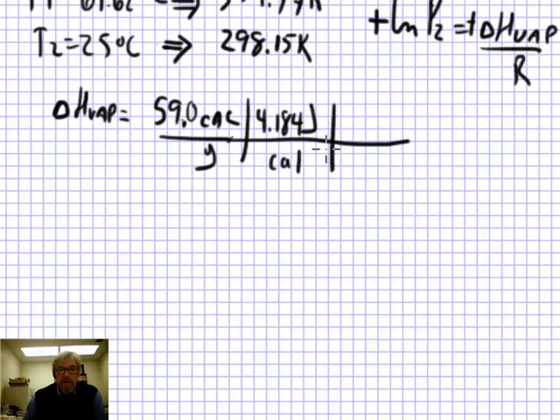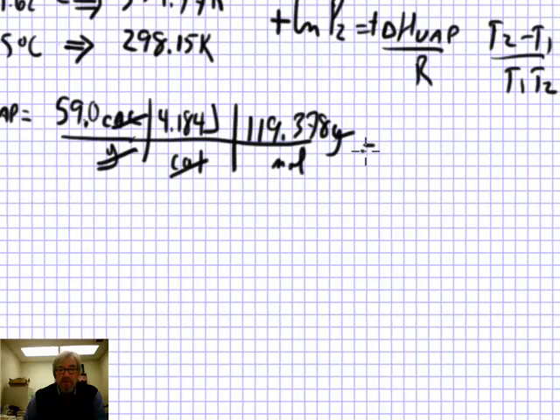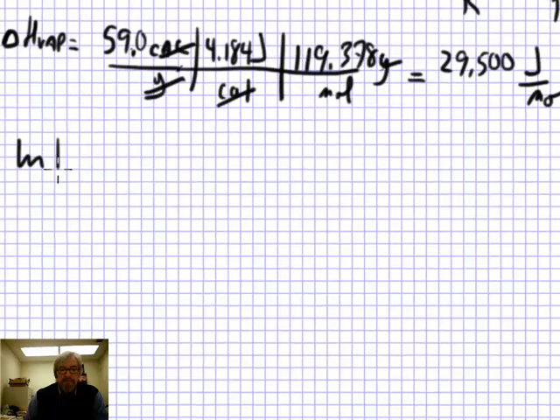This substance has a molar mass of 119.378 grams per mole. So with this conversion in place, calories and grams cancel out, and I will get my delta HVAP in joules per mole. I get three significant figures here, and it comes out to 29,500 joules per mole.